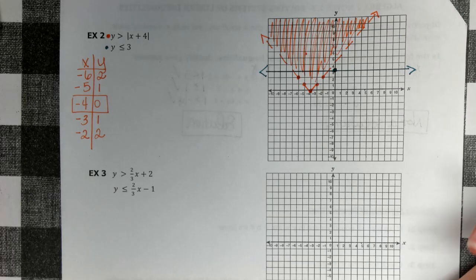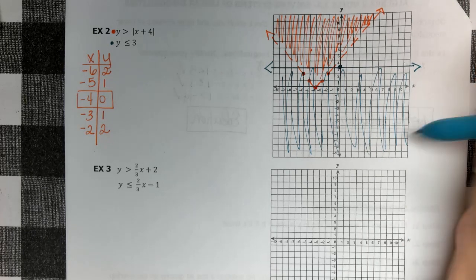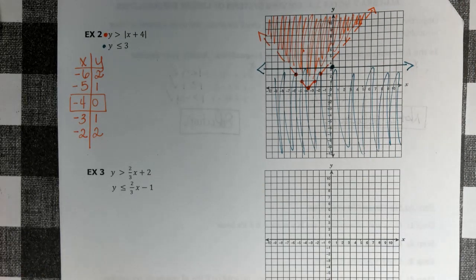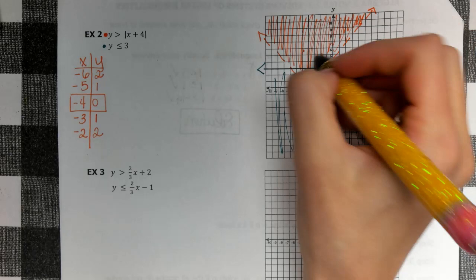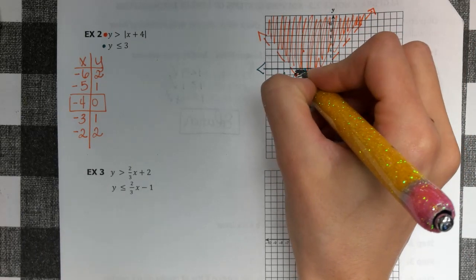It's less than, so that's shaded where? Below. So that small little triangle that was formed is my overlap shaded region.